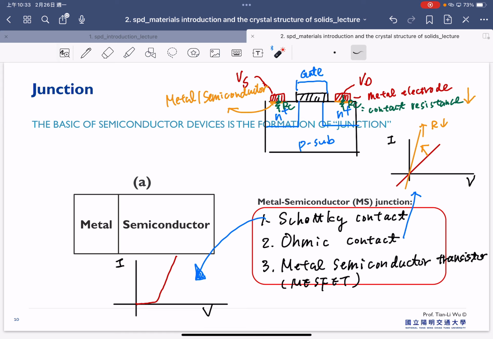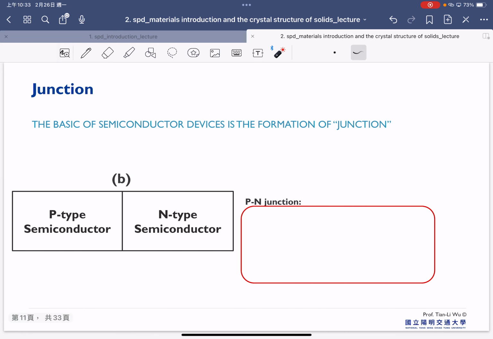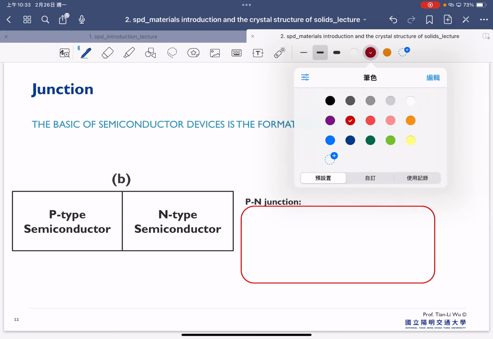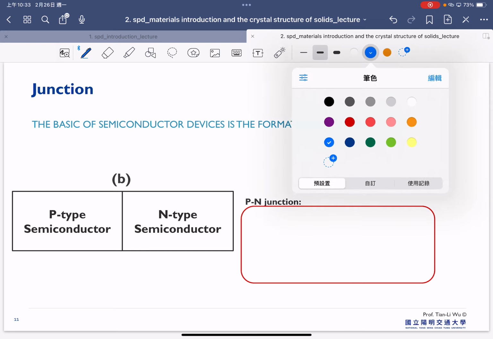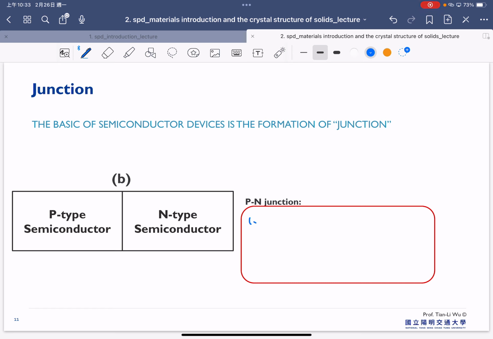The next one will be the bipolar junction transistor. The next one will be the PN junctions here. So we have already seen this case before, and there are several differences related to the PN junction.